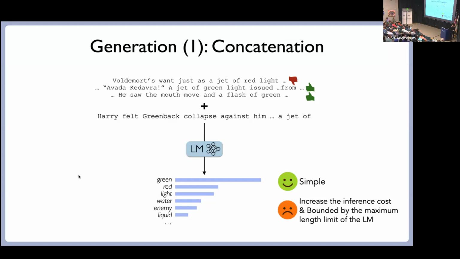The problem though is that it's strictly bounded by the maximum sequence length of transformers, because the language model, especially the transformer architecture, usually has a strict upper bound on how long the input can be. And it also makes inference very slow, because as you make the input longer, the cost will increase quadratically.